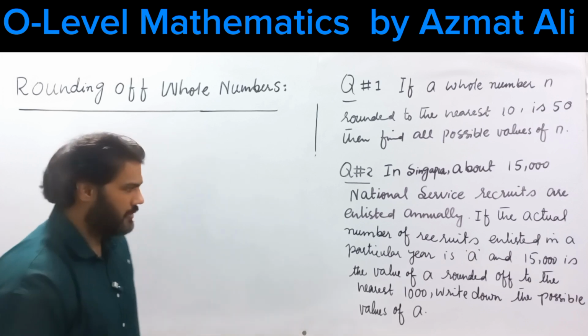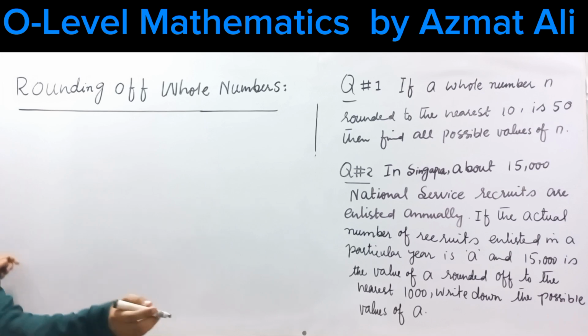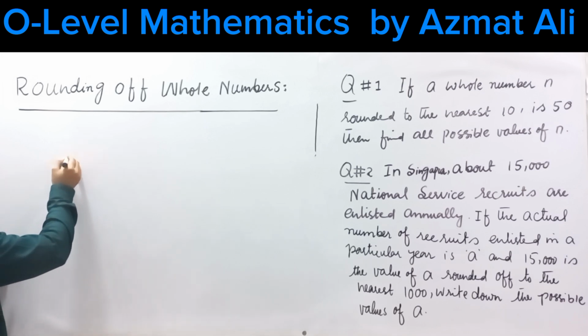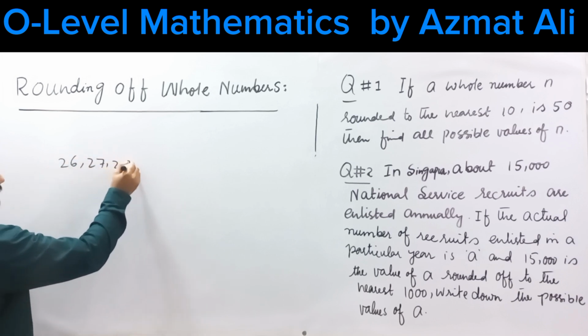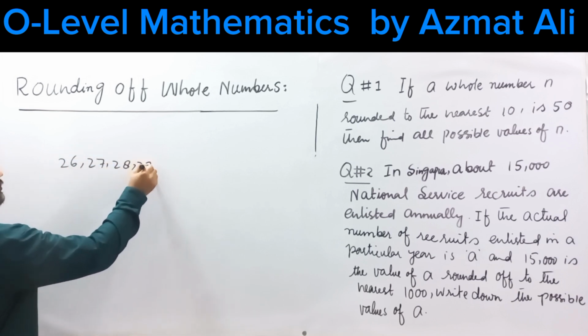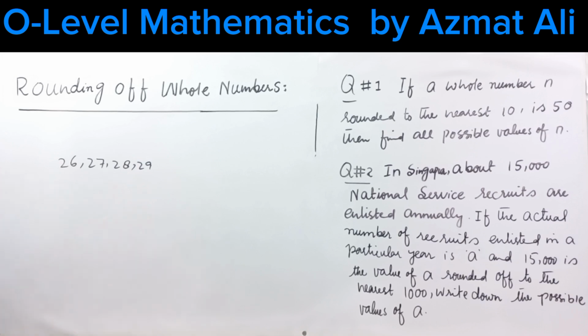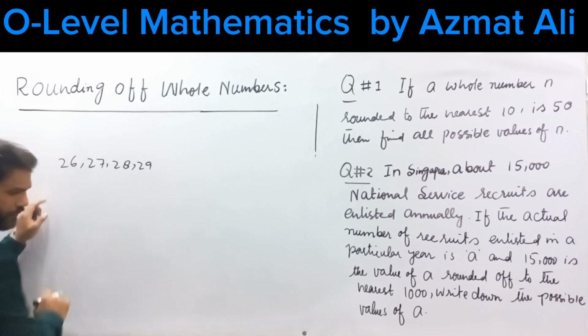Yes, this is possible. Absolutely, you are right. For example, we have the numbers 26, 27, 28, 29, and even 30. All these numbers lie between 25 and 30.